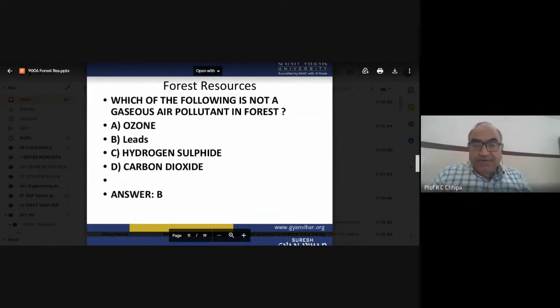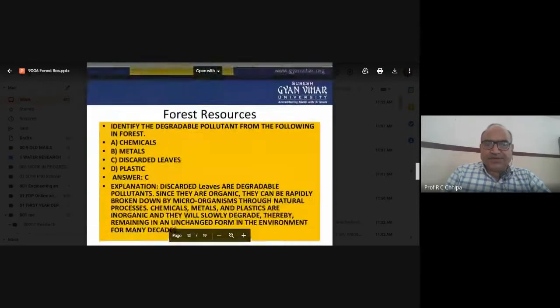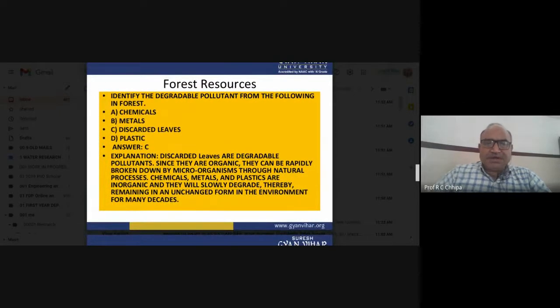Because of that anti-knocking agent, the lead definitely undergoes combustion, and goes onto the road along with the vehicle, where the four wheelers and five wheelers go from one place to another. But what about the surroundings? So which of the following is not a gaseous air pollutant? The correct answer is lead.